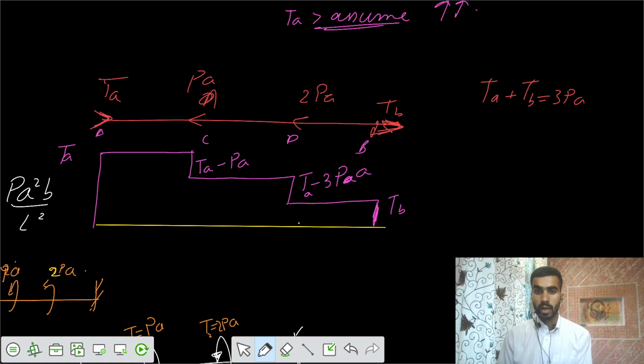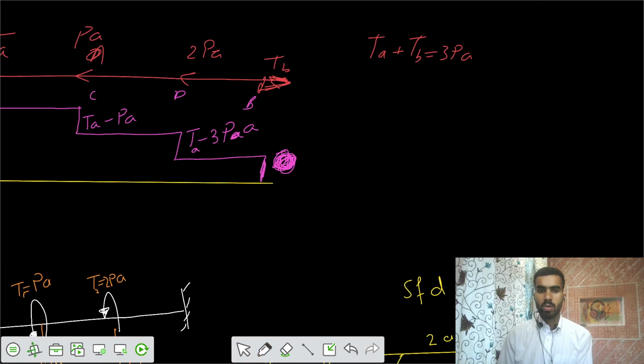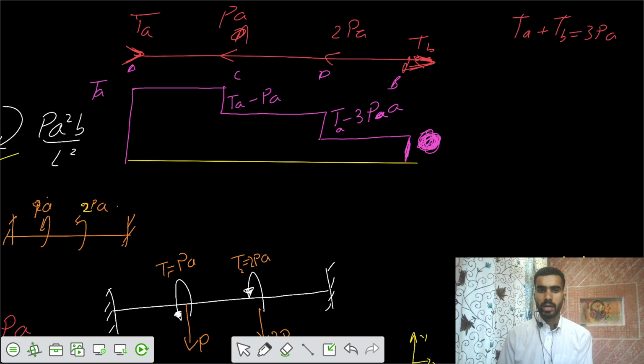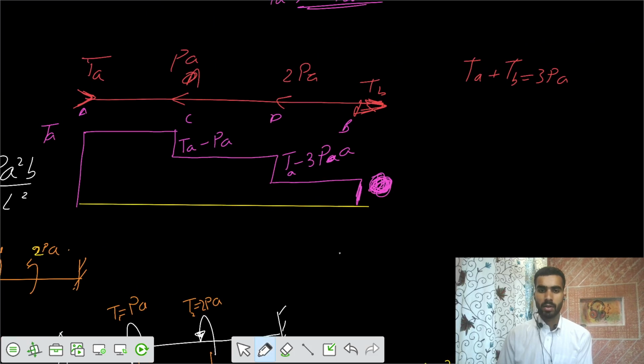Yeah, we got some value, but it's not matching the BMD. At the end, the SFD would increase in this way, so that at the end we have the TB in the same direction as that of the traverse.